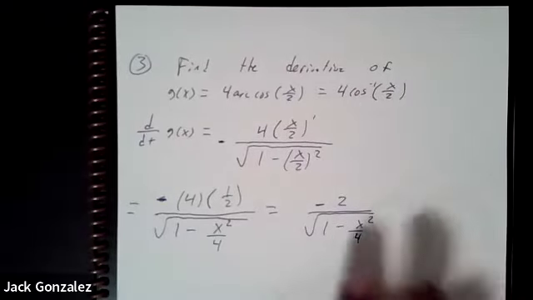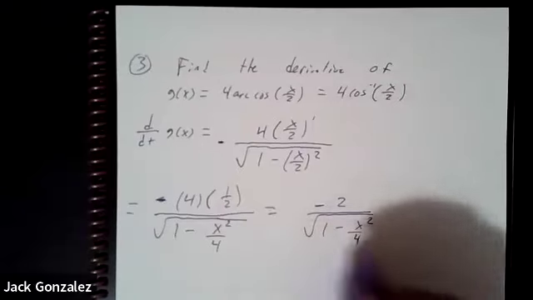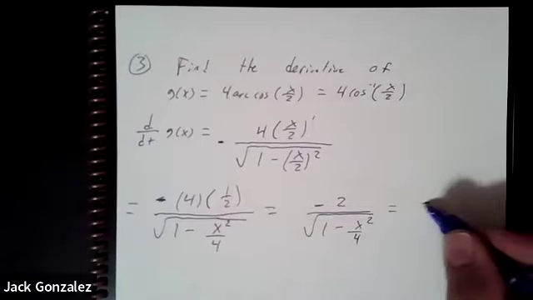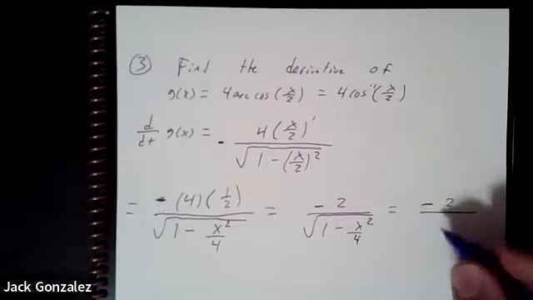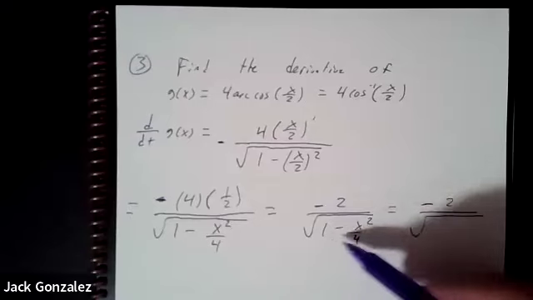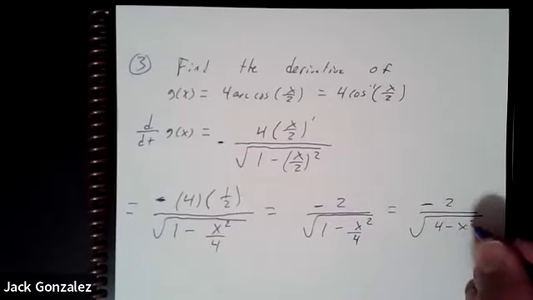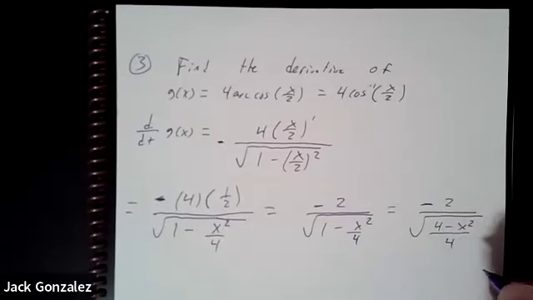It's good enough. You can combine these if you want, but I guess it would reduce. Combine these two fractions, you would get 4 minus x squared over 4.